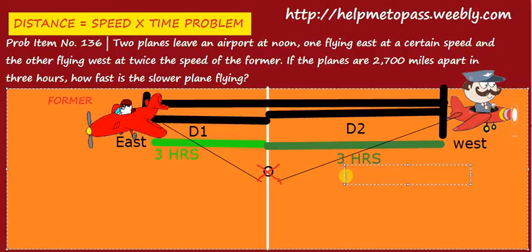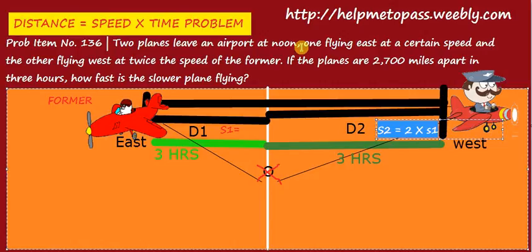We will indicate the speed of plane 1 as s1, and the speed of plane 2 as s2. As the problem stated, s2, the speed of the second plane, is twice the speed of the first plane, meaning s2 = 2 times s1.